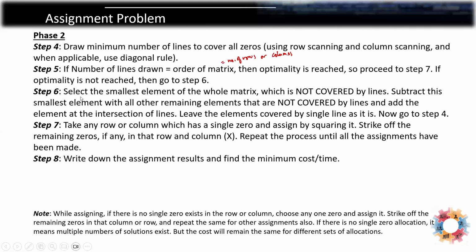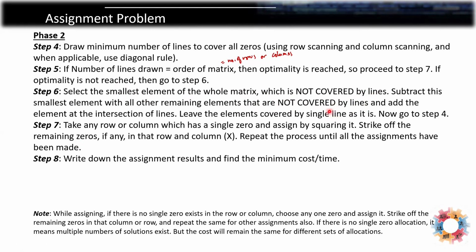And step number 6 says we select the smallest element of the whole matrix which is not covered by lines, then subtract this smallest element from all other remaining elements that are not covered by lines, and add the element at the intersection of the lines, while leaving the elements covered by a single line as they are.